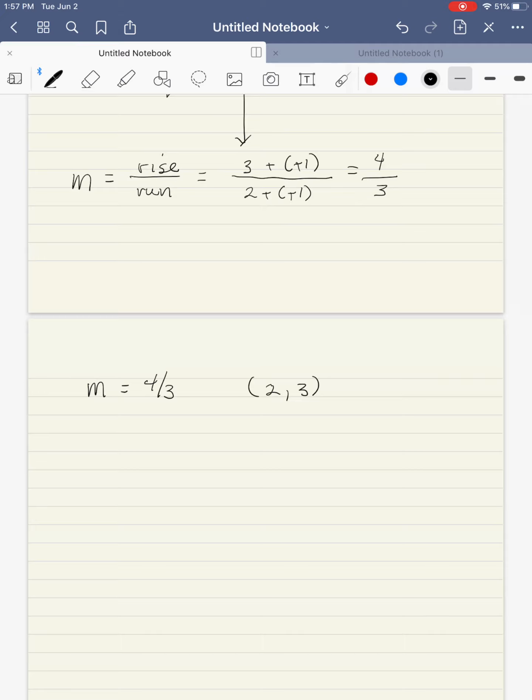But I could have used (-1, -1), because what we're trying to do is find an equation of a line that if I plug the 2 in for x and the 3 in for y, I get a true statement. I can use what's called my slope point form to do this.